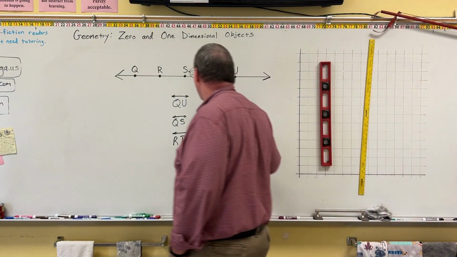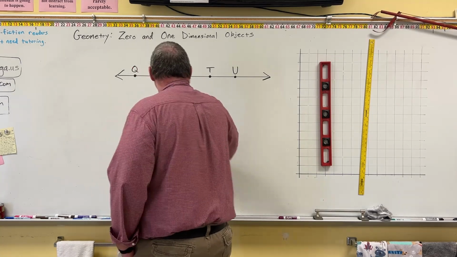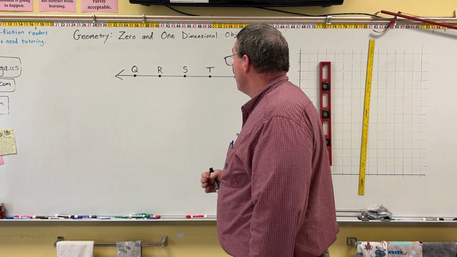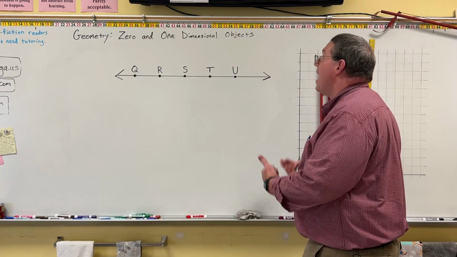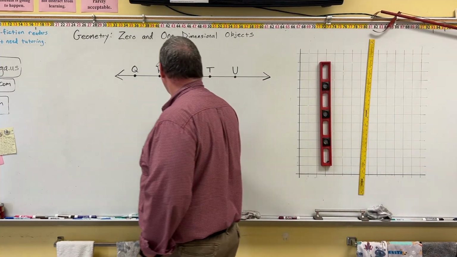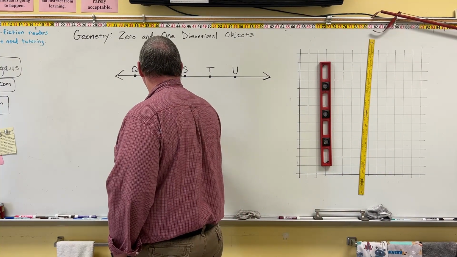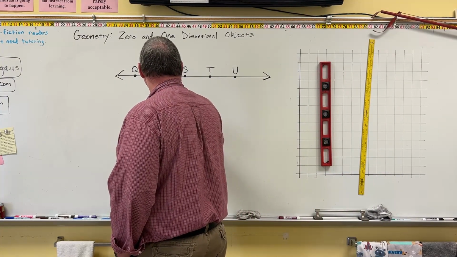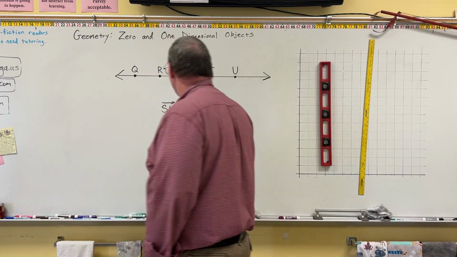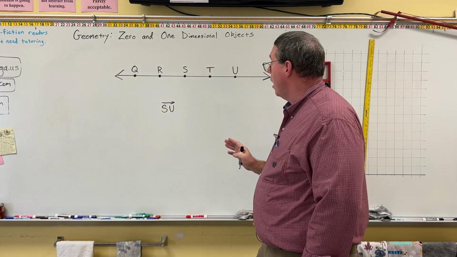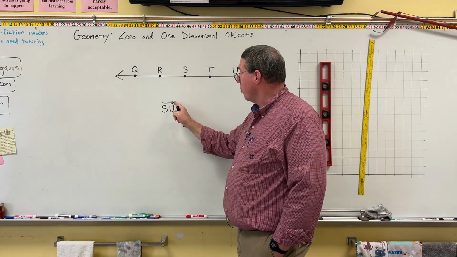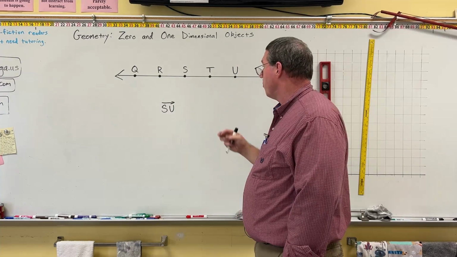So that is a line. But let's say we were to identify a ray. Let's say we identify ray SU. We would do a single-arrowed line, and the arrow is always on the right-hand side. It always points to the right.